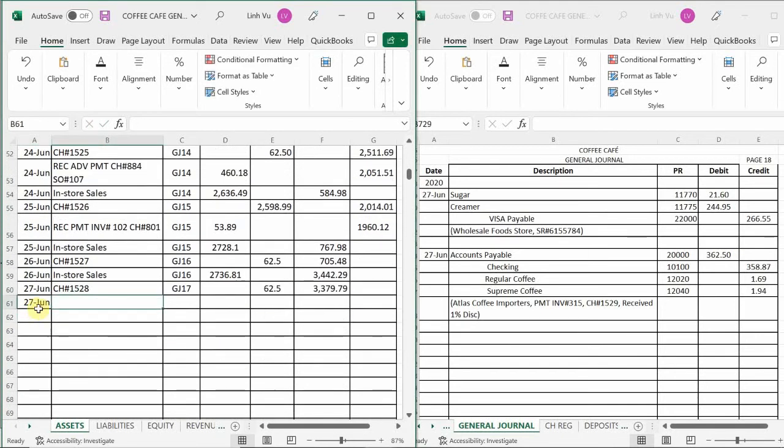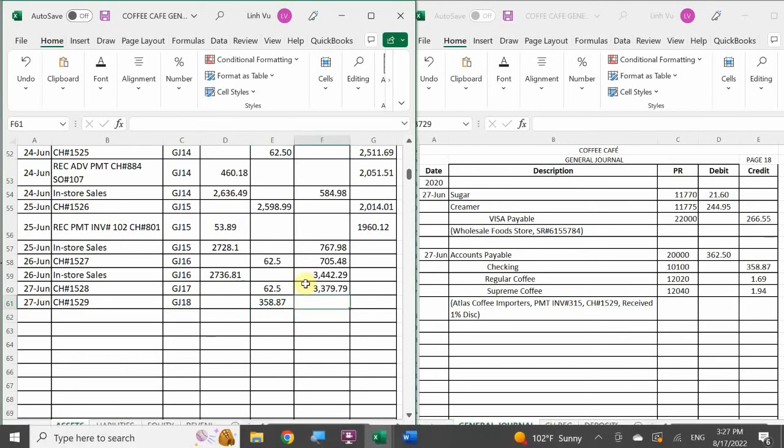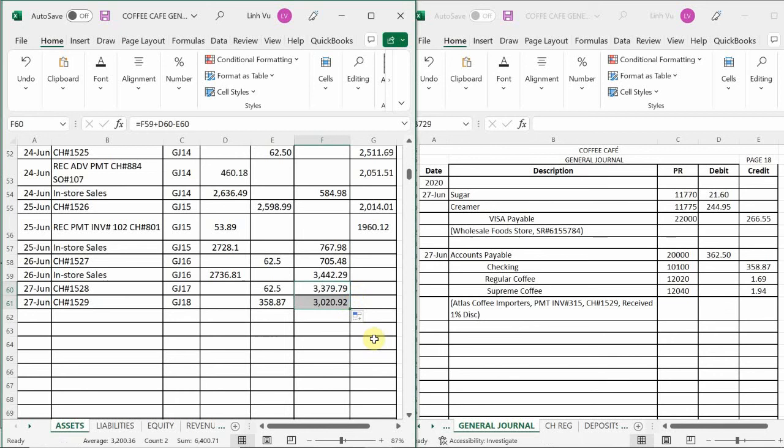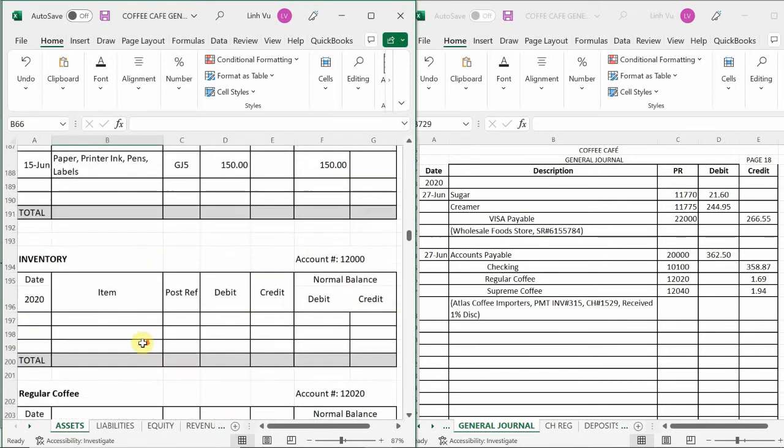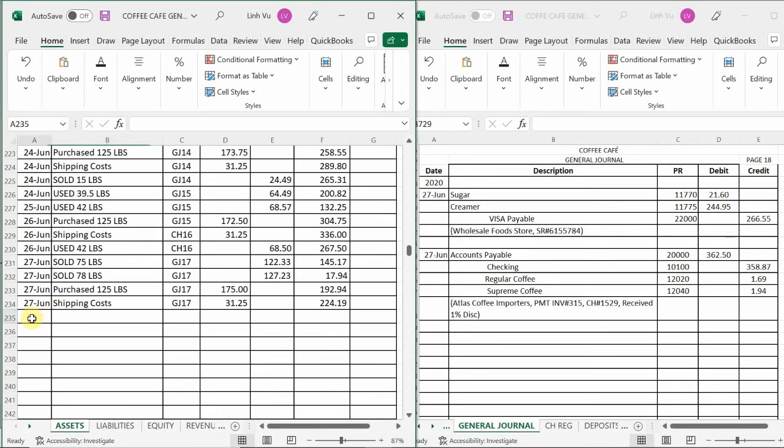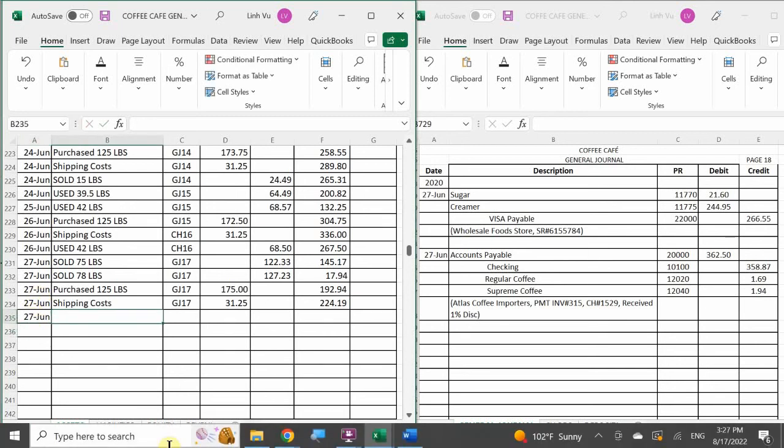Check 1529, page 18, for $358.87. Okay. And in inventory, regular coffee, 1% discount on invoice 315, page 18 for $1.69.